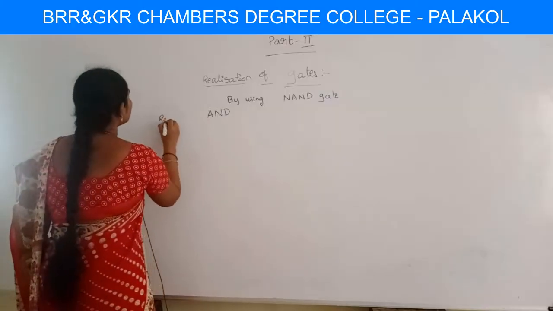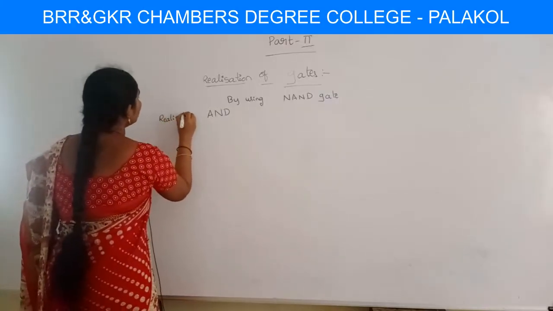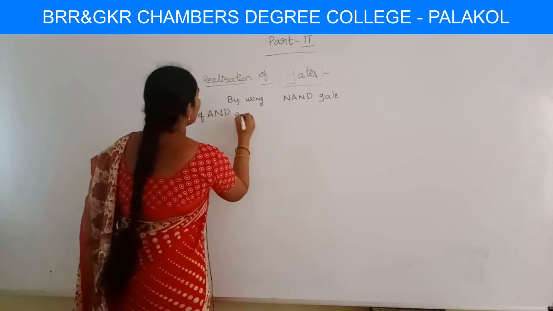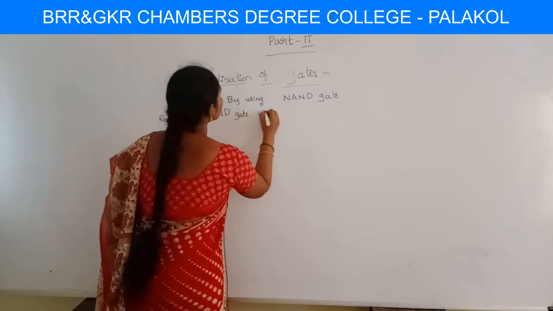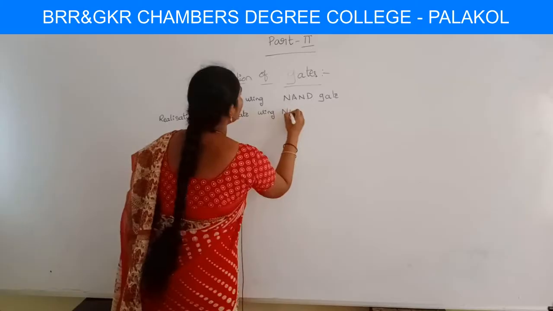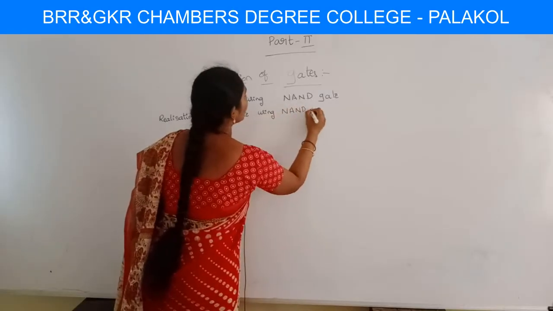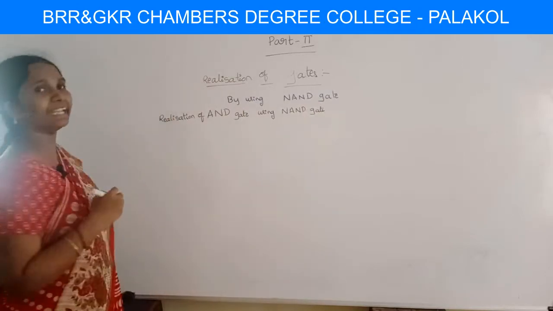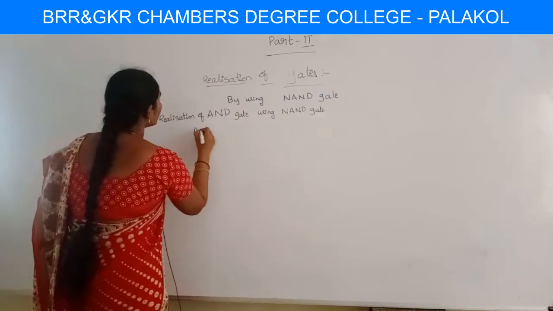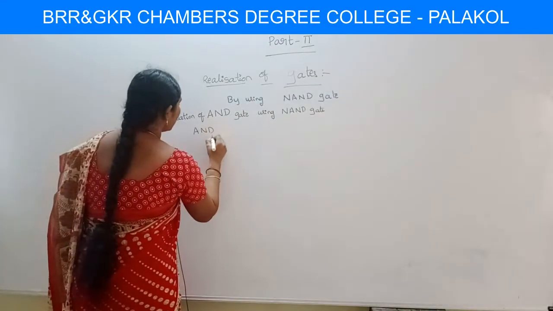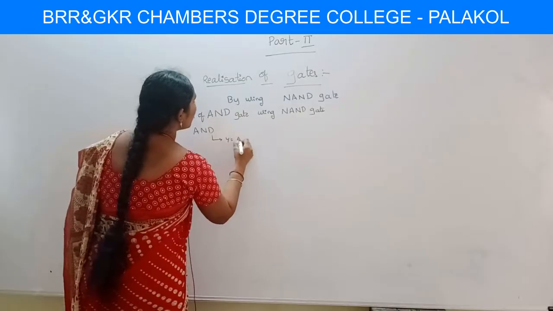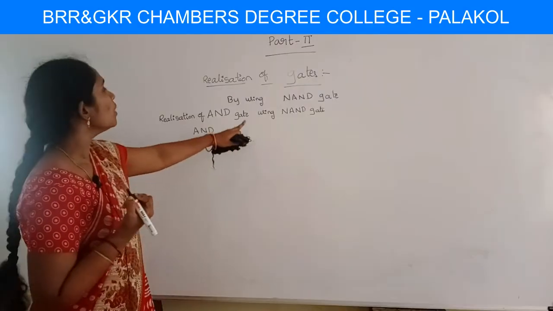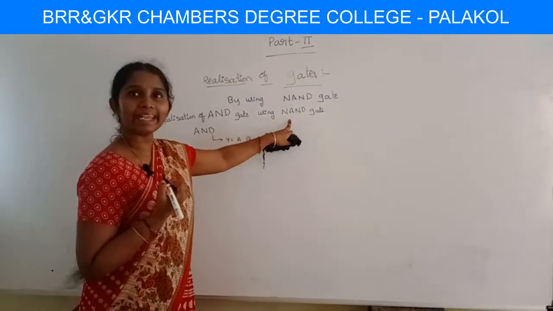For the AND gate, y is equal to A dot B. We have to implement this output by using the NAND gate.